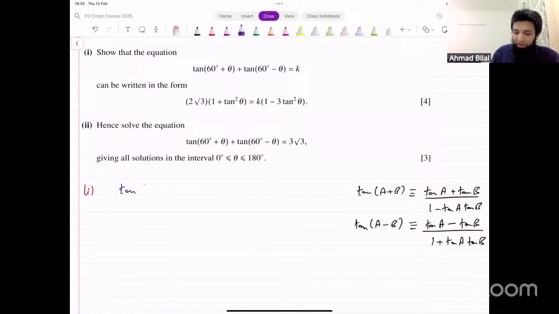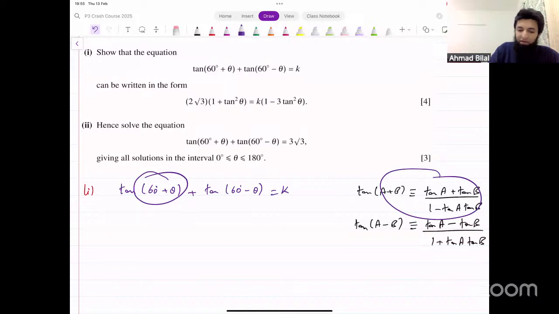So we have tan of (60 plus theta) plus tan of (60 minus theta), that equals k. Let's just apply that identity and try to expand this and see what we get. For 60 plus theta, we use the first identity, right? In place of A, we have 60. In place of B, we have theta.